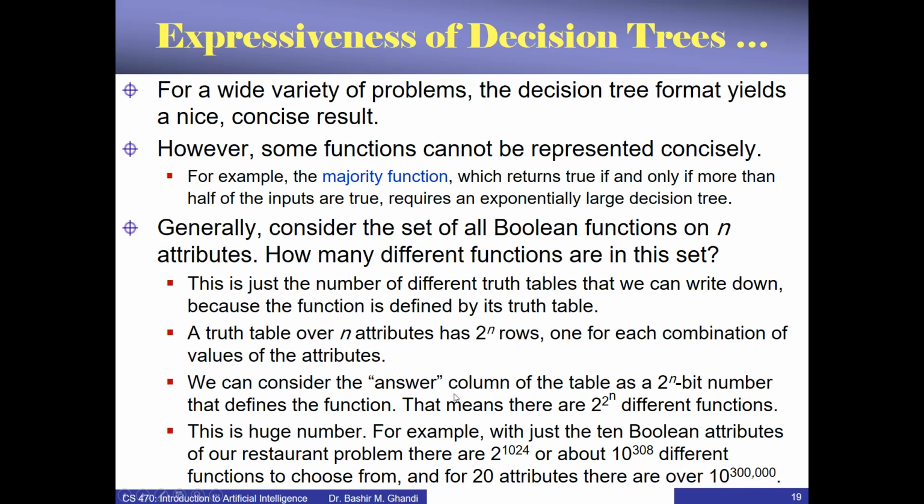So essentially what this says is, although you can represent any problem using a decision tree, it is very, very expensive to do that, both in terms of space, but also in terms of searching, because you are basically searching an exponentially large space.